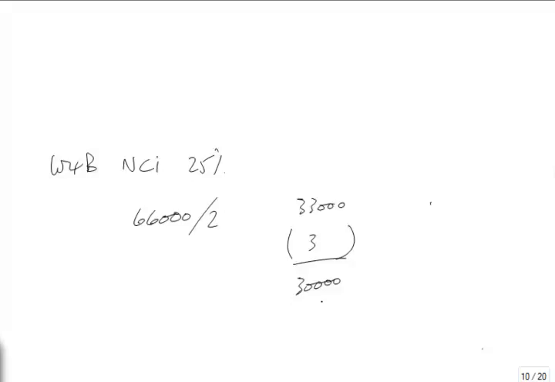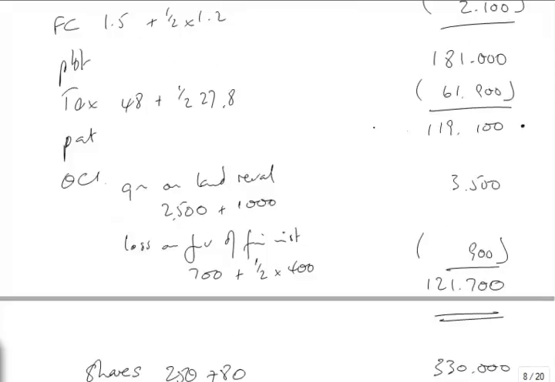So the NCI, their share is 30,000 profits times 25%, which is 7,500. So that's their share of this amount. 7,500 is attributable.